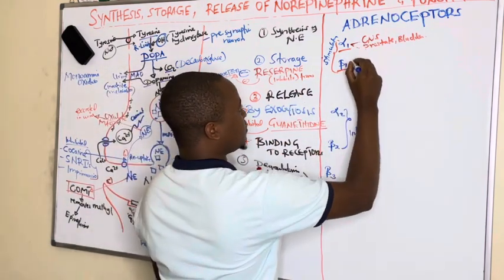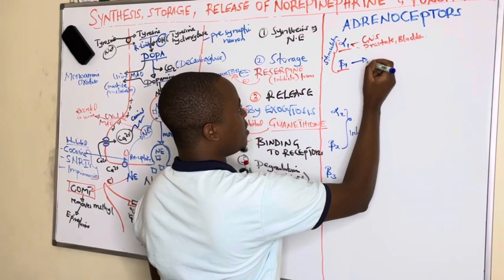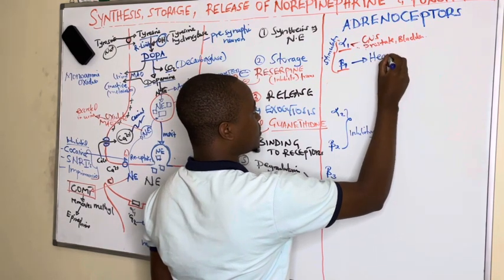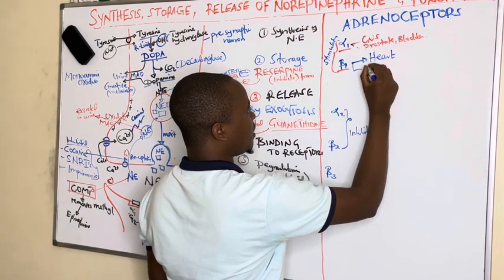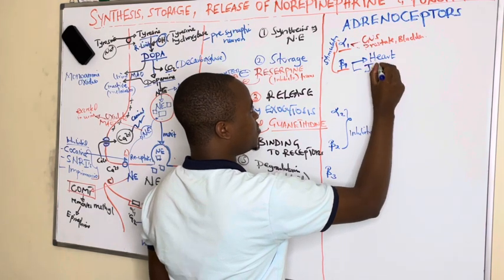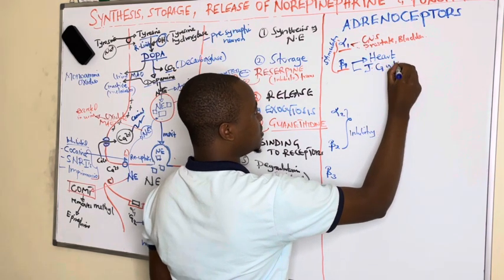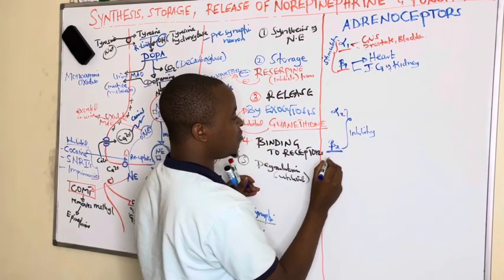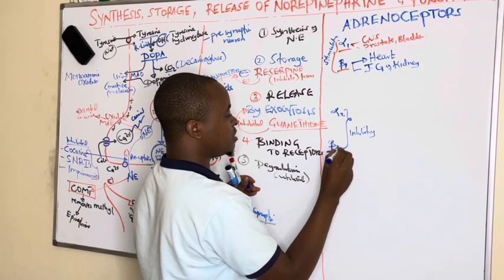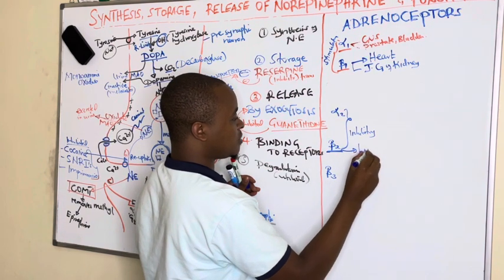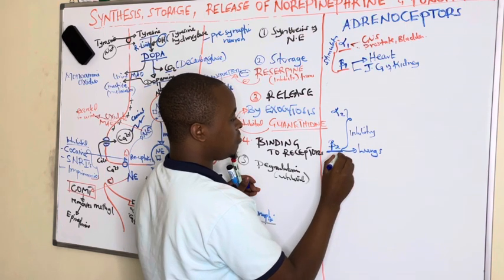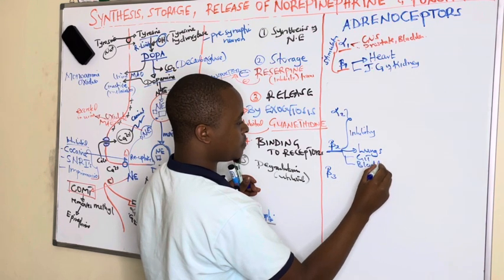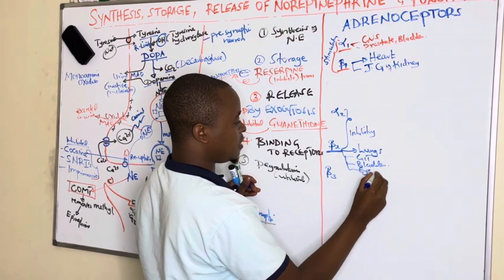Then beta 1, because the heart is 1, we find beta 1 in the heart, the cardiac, and sometimes in the juxtaglomerular apparatus of the kidney. Whereas, because the lungs are 2, beta 2 is majorly found in the lungs, that is the bronchus, but still we can find it in the GIT, in the bladder, and even the eyes can be supplied by beta.